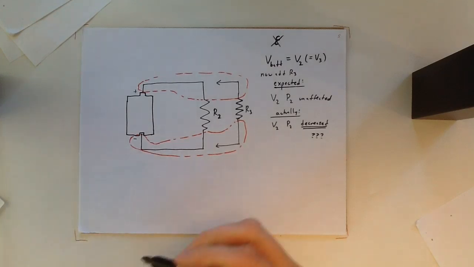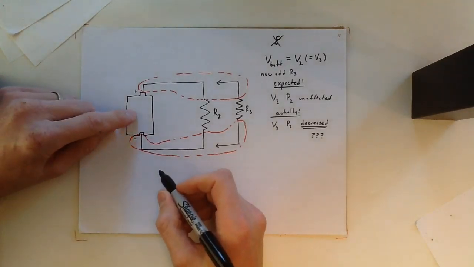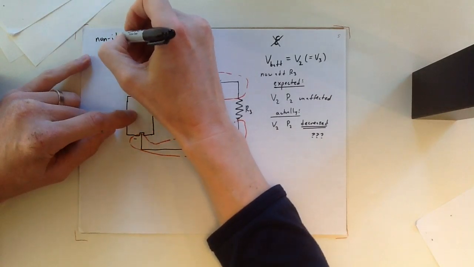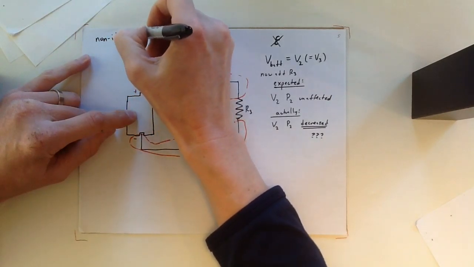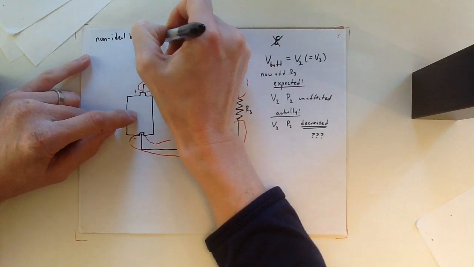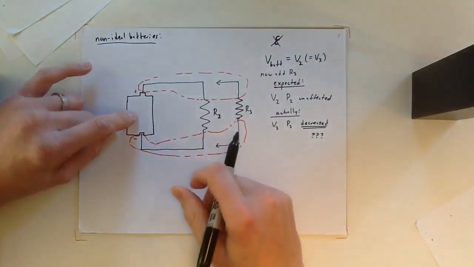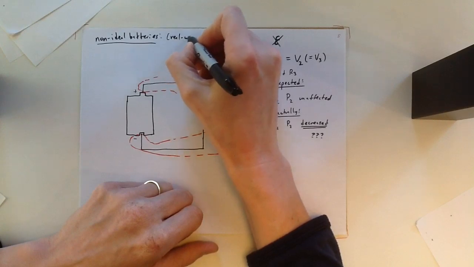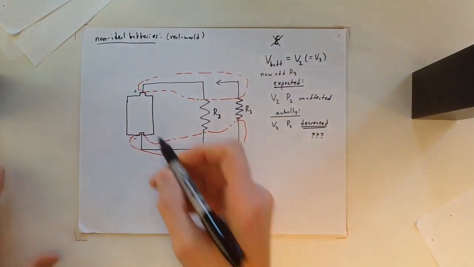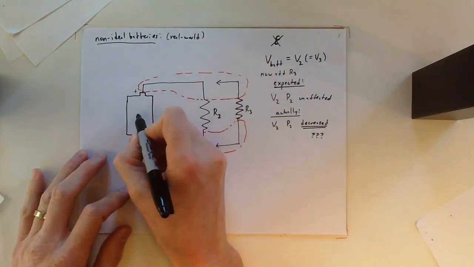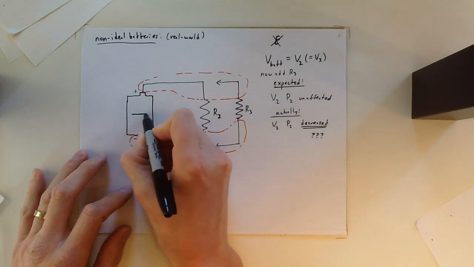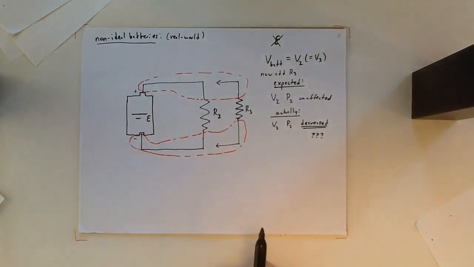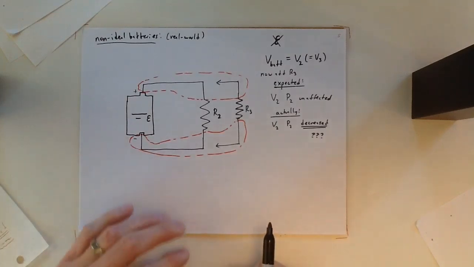Okay? So what is actually inside of a real battery? What we're talking about here is non-ideal batteries. This is how batteries really behave in the real world. What can we think of a battery as being made out of? Well, we can think of it as being comprised of an ideal EMF, like that.